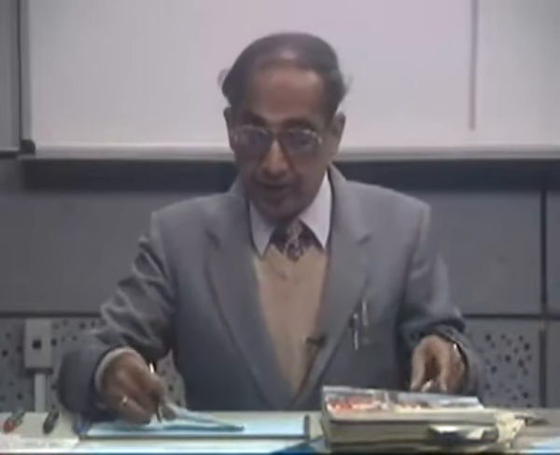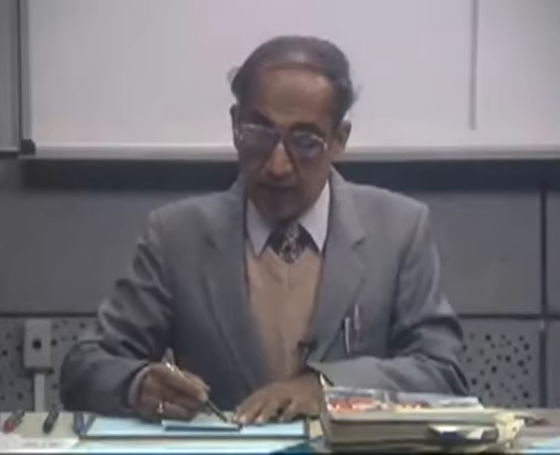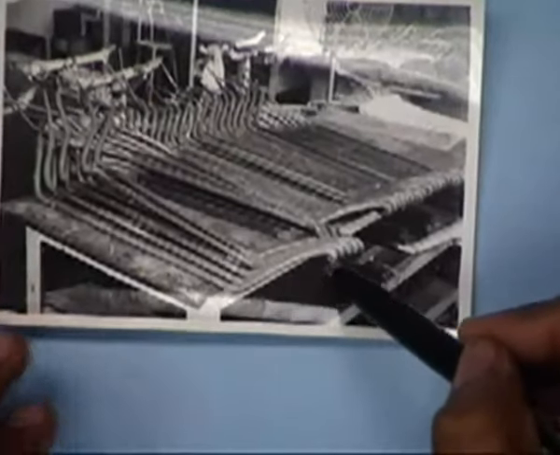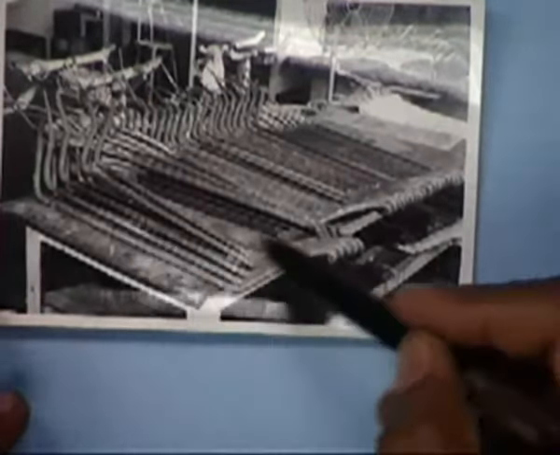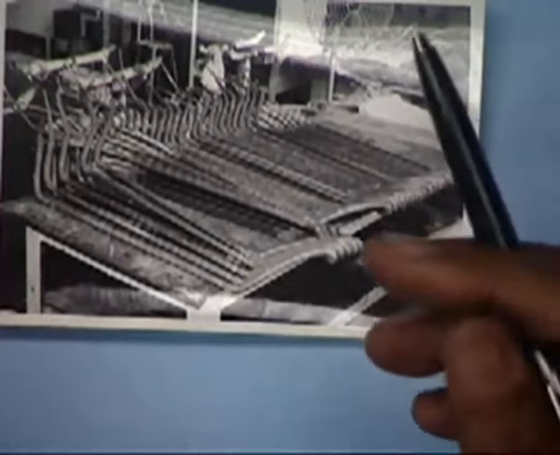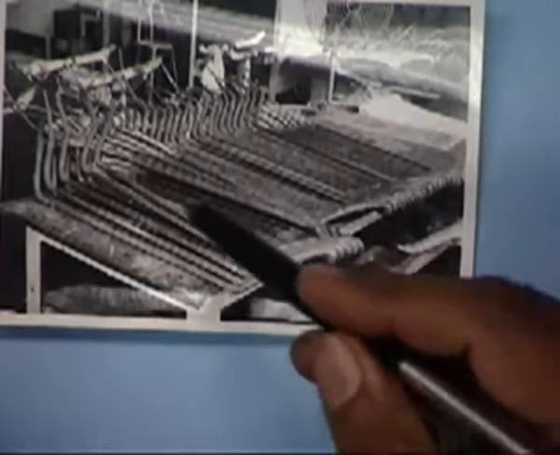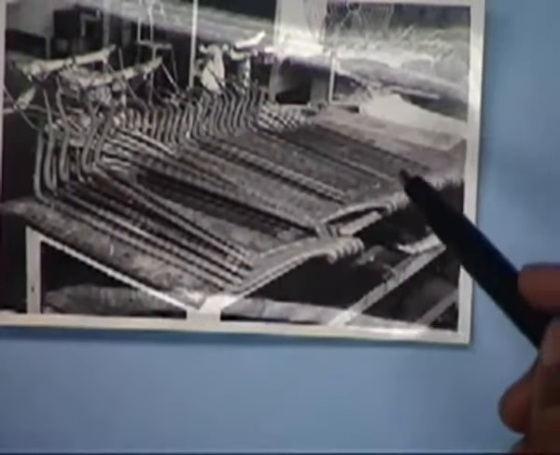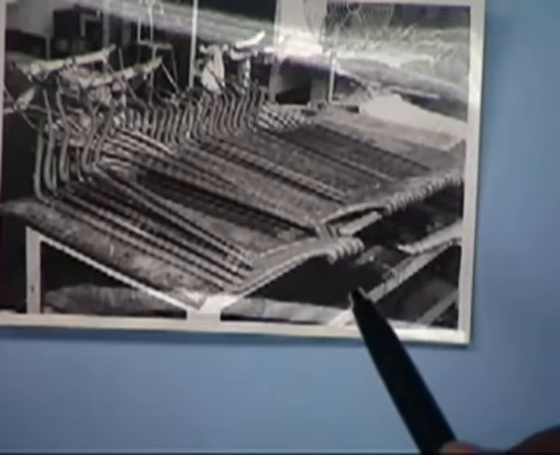These are the sorts of windings used. You initially make diamond-shaped windings which you place in the slots, and then you make a group of windings and take them out, and they are connected to external circuits. So this is the type of winding.